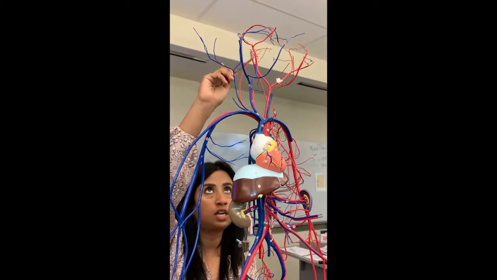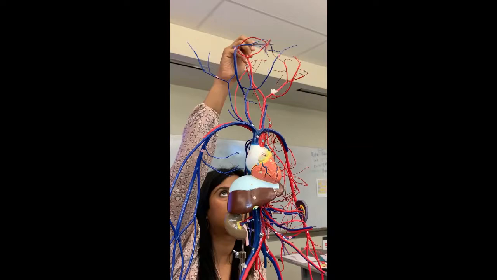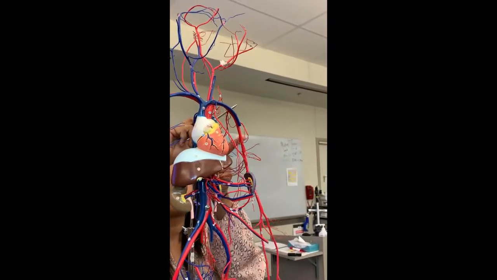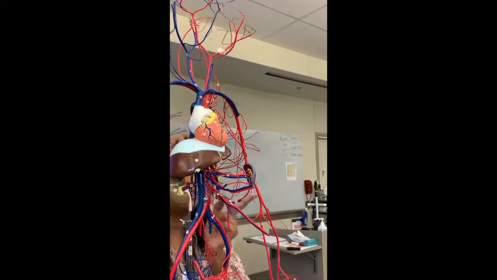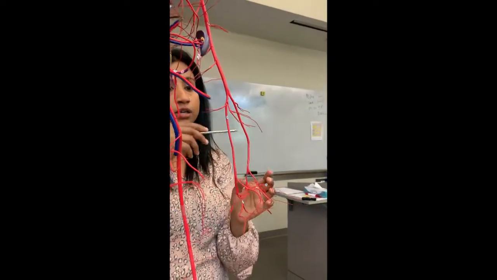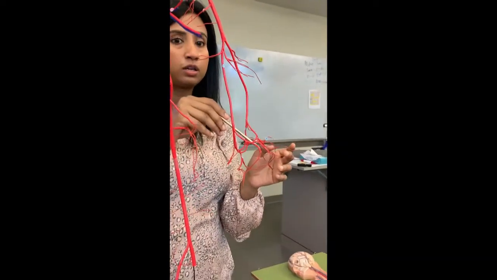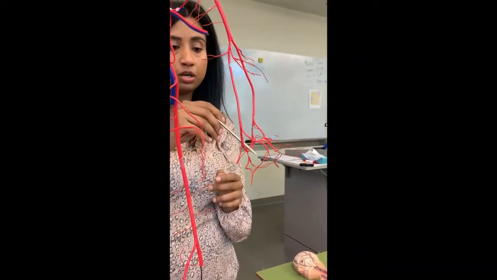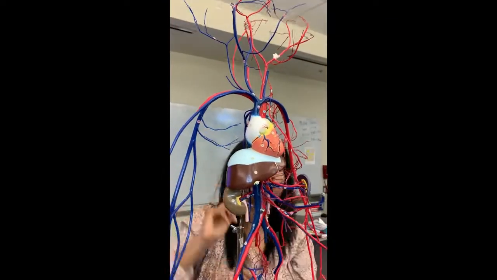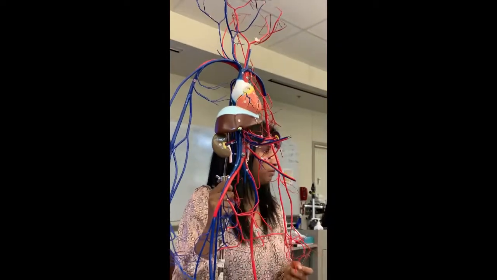These teeny tiny ones, basilar, and this is the circle of Willis. This is axillary. This is brachial. This is ulnar, radial, superficial palmar arch, and deep palmar arch. Now you know the thoracic and the abdominal aorta, right?